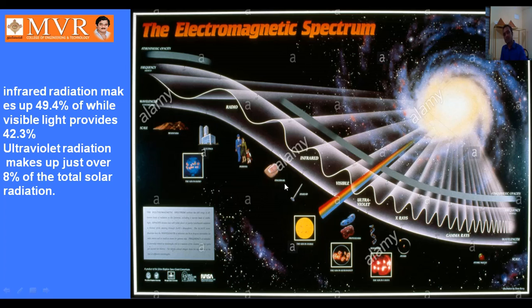The remaining 1% is gamma rays and X-rays. So most of the radiation toward the earth surface is in 3 regions: the infrared region, the visible region and the ultraviolet region. Visible is 42.3%, infrared is 49.4%, ultraviolet is 8%.